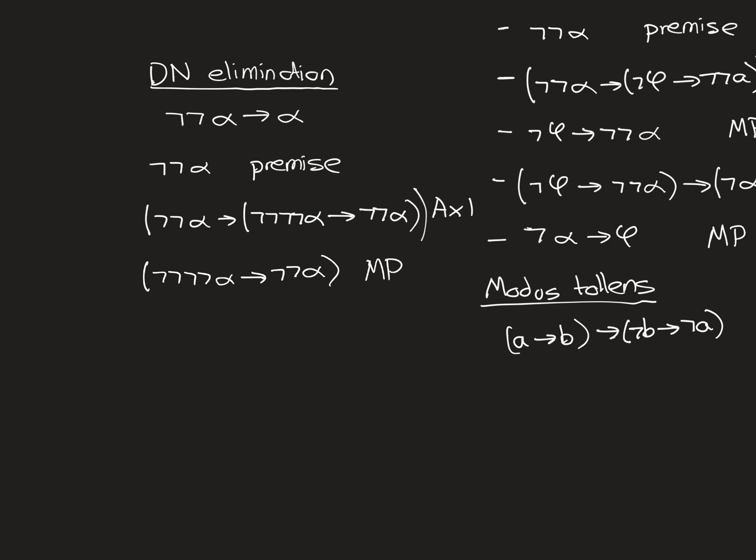And now we're going to apply axiom 3 twice. So axiom 3 with this thing that we've just derived as our antecedent in the implication. So this will imply, so this bit here is our B and this bit here is our A. So A is not alpha, and B is not alpha.